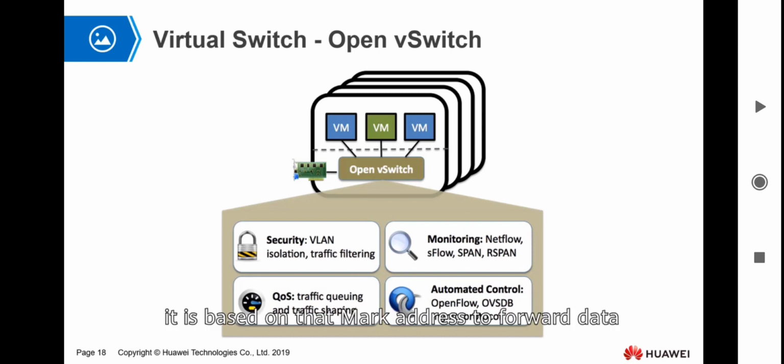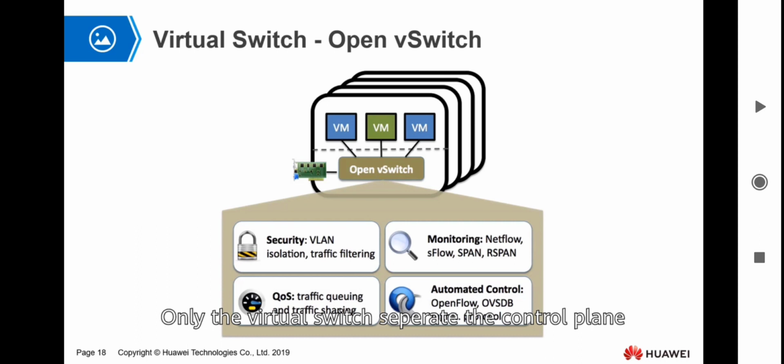Compared to bridge, which is based on MAC addresses to forward data, the virtual switch applies a caching mechanism to speed up the forwarding of data packets. Third, just like software defined networking, the nature of SDN is the separation of control and data. The control plane and data plane should be separated.